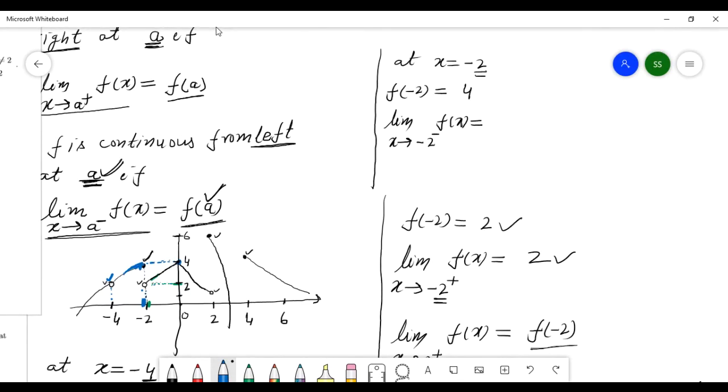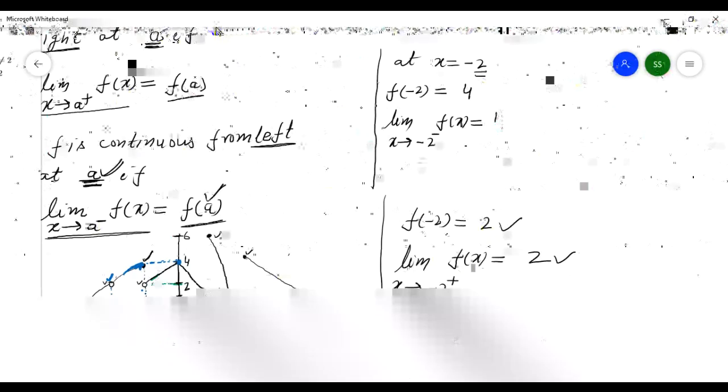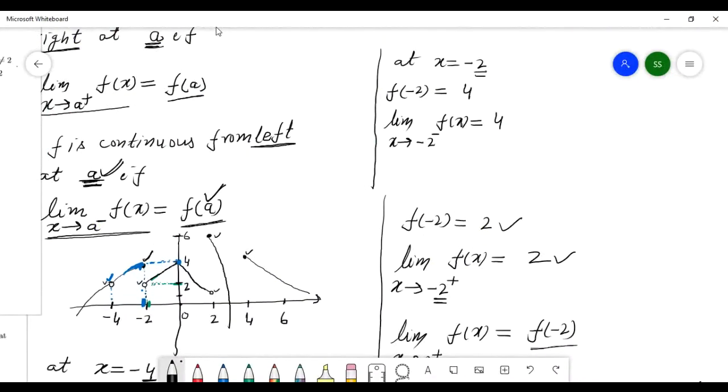So here there is 4. So this equal to, it's there, 4. So here what? This limit, x goes to -2 from the left of f(x), and this equal to f of -2. So this is left.